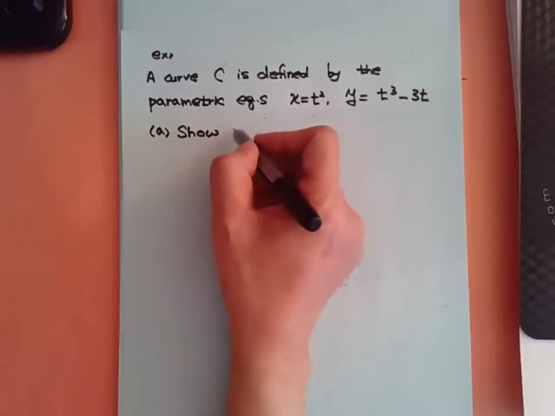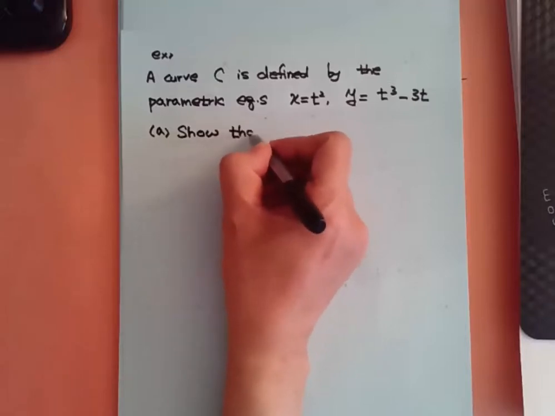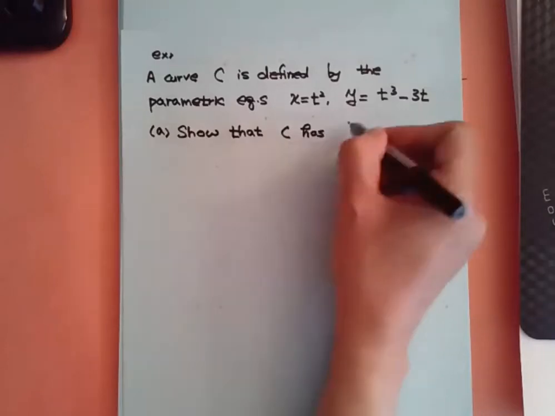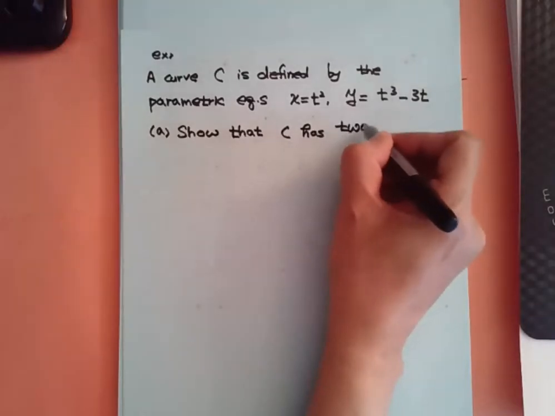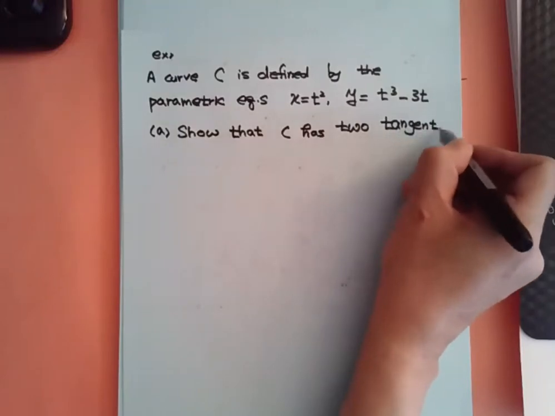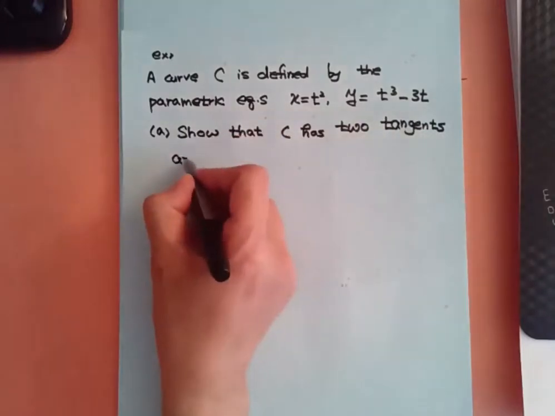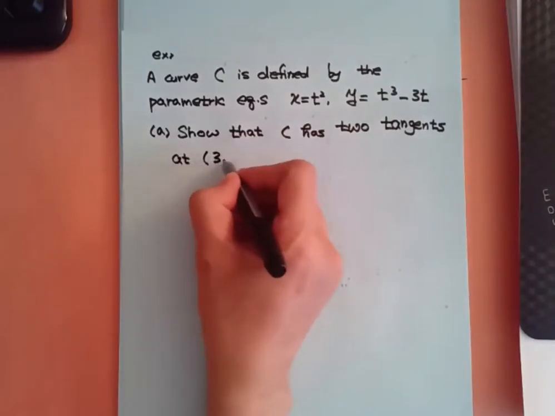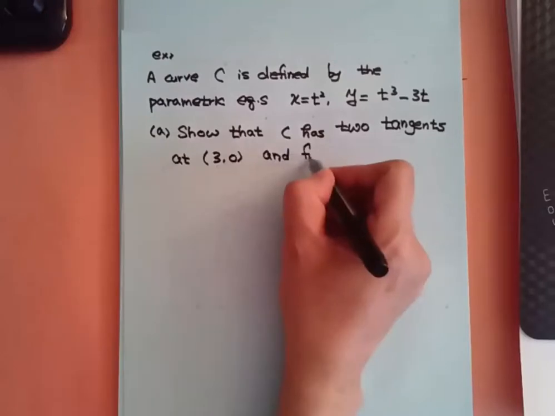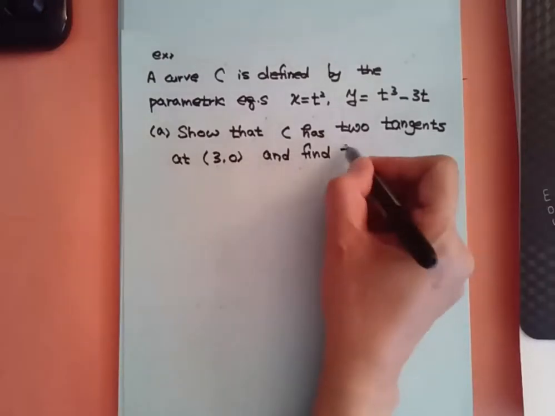The first problem is: show that C has two tangents at the point (3, 0) and find their equations.